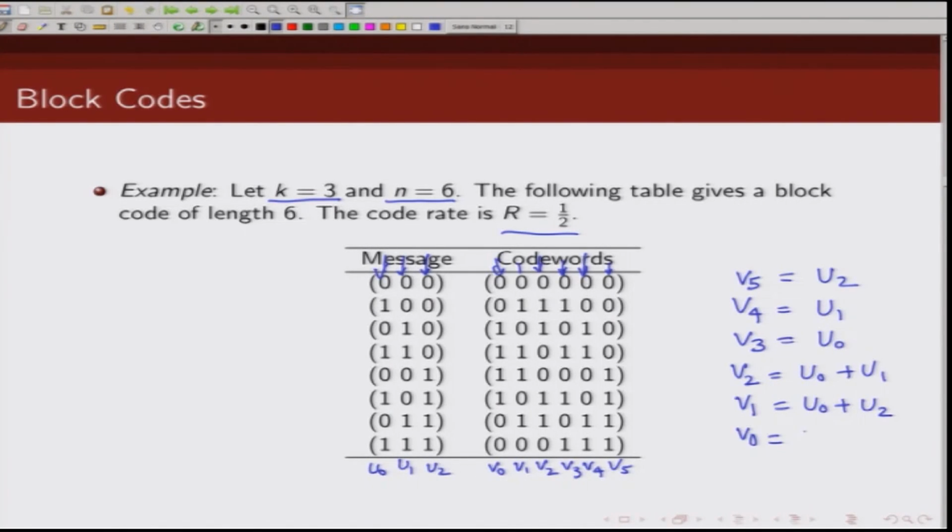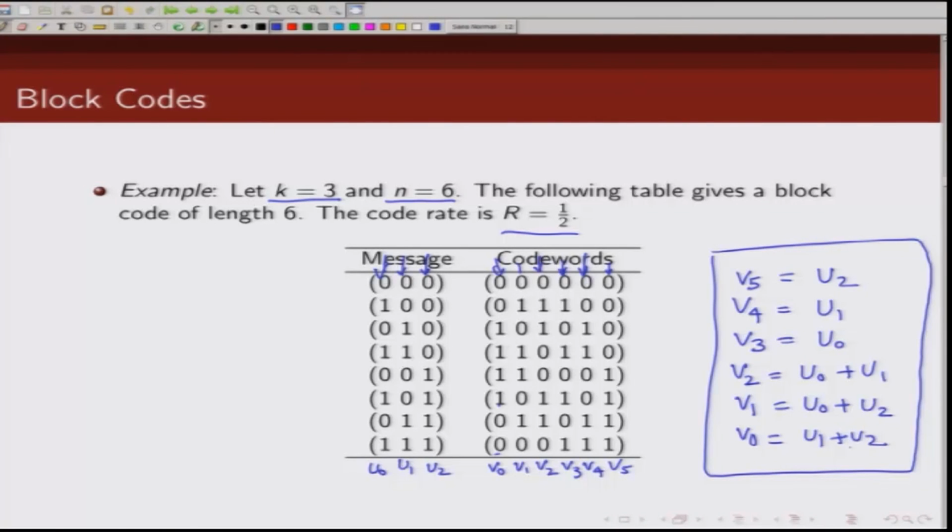We can see that this is the same as U1 plus U2. So, 0 plus 0 is 0, 0 plus 0 is 0, 1 plus 0 is 1, 1 plus 0 is 1, 0 plus 1 is 1, 0 plus 1 is 1, 1 plus 1 is 0, and 1 plus 1 is 0. So, this is how we have mapped our information bits into our coded bits.